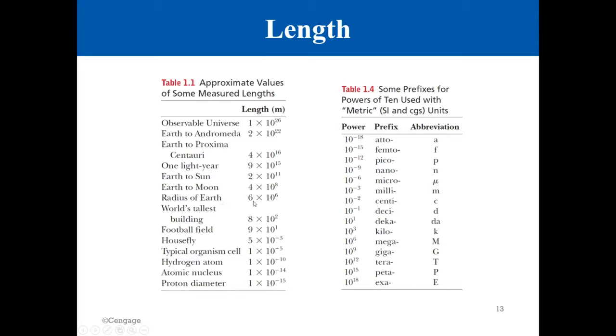The radius of Earth is 6 million meters, 6 by 10 to the power 6 meters. The diameter of the atomic nucleus is 10 to the minus 14 meters. The diameter of the proton, a fundamental particle, is 1 femtometer, which is 10 to the minus 15 meters. So we need to be familiarized with this kind of measurements, and we also need to get familiar with these prefixes that we usually use to report about the measurements.